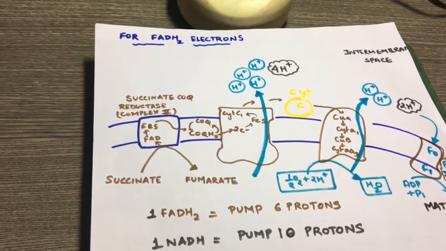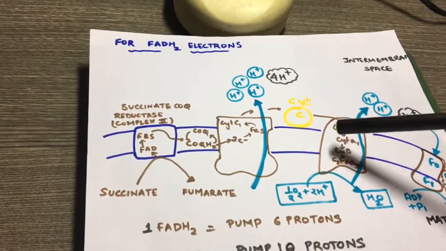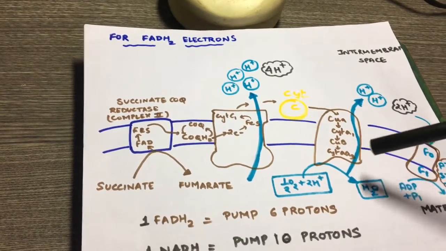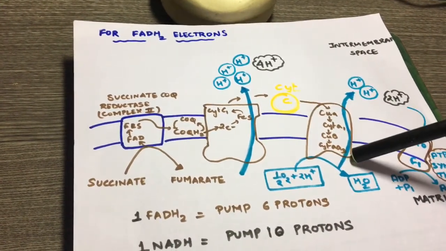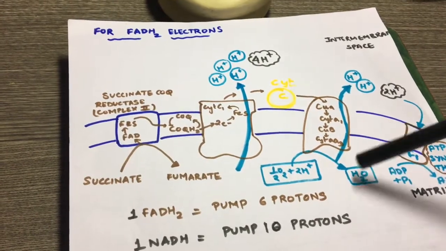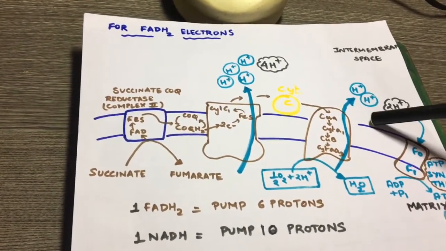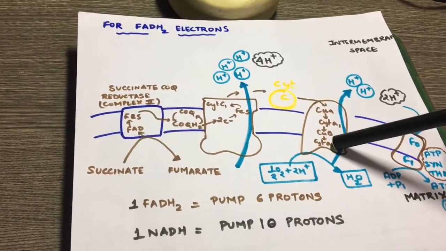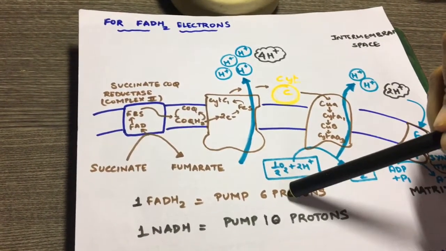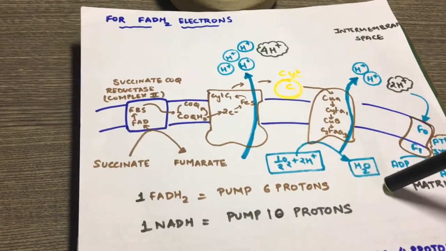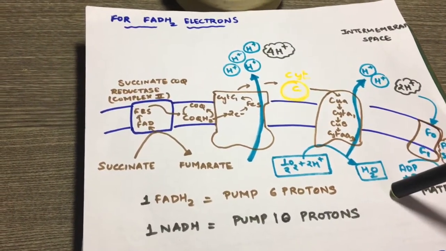In complex number 4, the electrons are accepted by copper A, then cytochrome A1, copper B and cytochrome AA3. Here, 2 protons will be pumped from the matrix to the intermembrane space, and the final electron acceptor in complex number 4 is oxygen. This oxygen combines with 2 protons from the matrix to give one molecule of H2O.